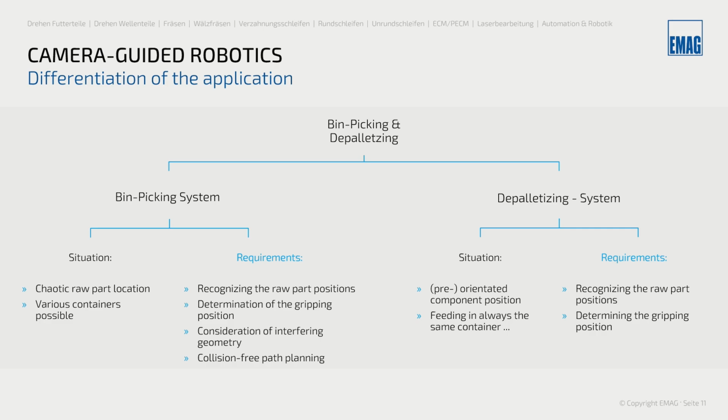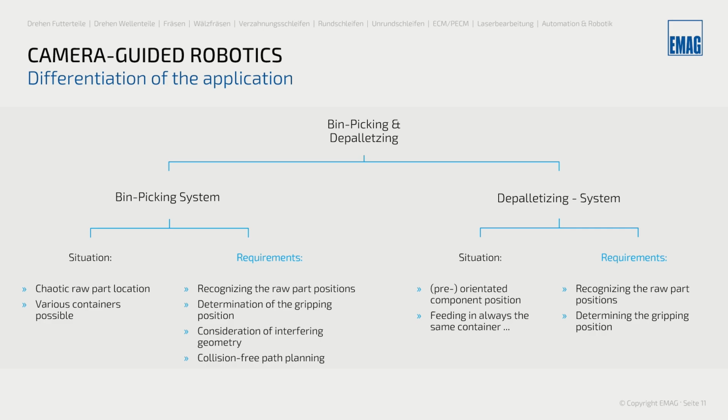For bin picking systems, we do have the recognition of the part position and to find out in which orientation the part is. And also we need to find the best fitting gripping position, considering any interfering geometry, maybe from different machines, maybe from the container itself or other parts that are also in the container.